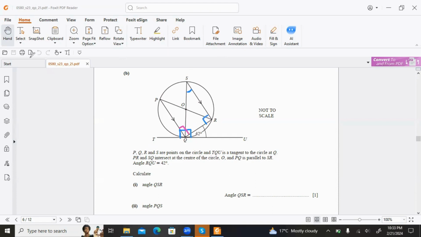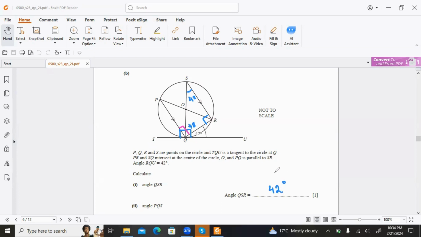So a lot of 90 degrees over here. Anyhow, if this is 90, and this is 42, that means this part over here is 48. And if this is 90, then 90 minus 48 would also be 42 over here. So 42 degrees for this.